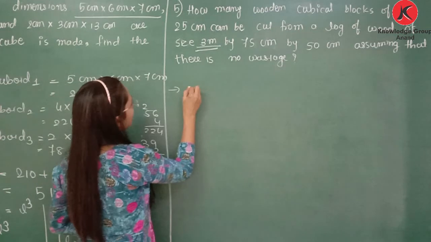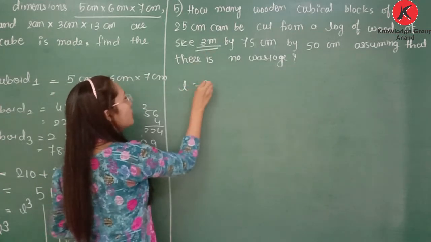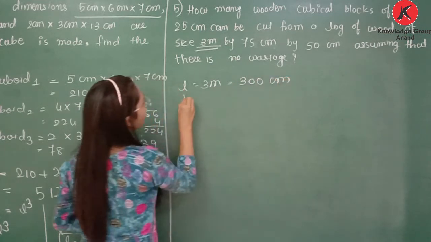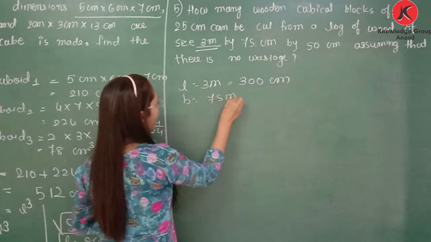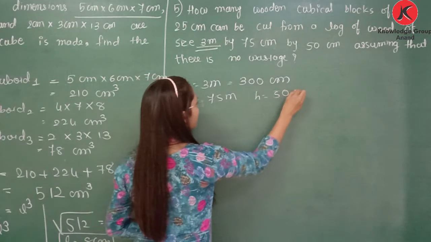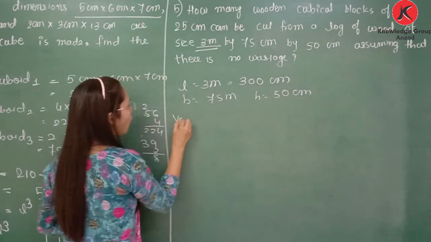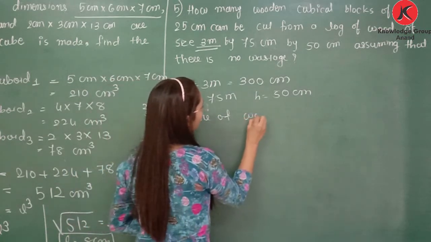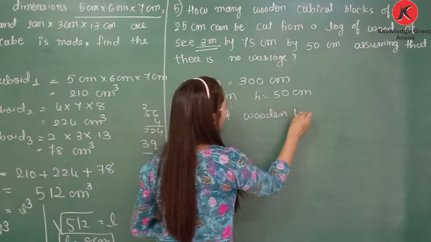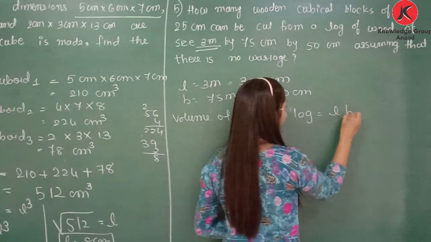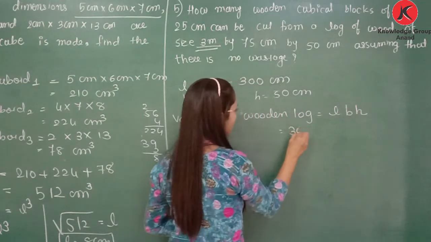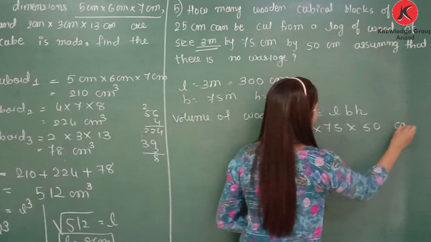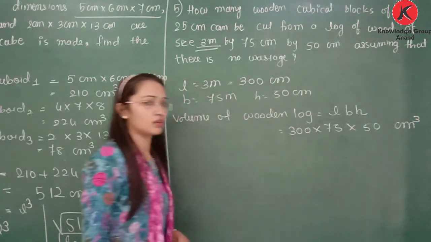So here let's first L is 3 meter. So that is 300 centimeter. B is 75 centimeter and H is 50 centimeter. So volume of wooden log is equal to LBH, that is 300 multiply 75 multiply 50 centimeter cube.